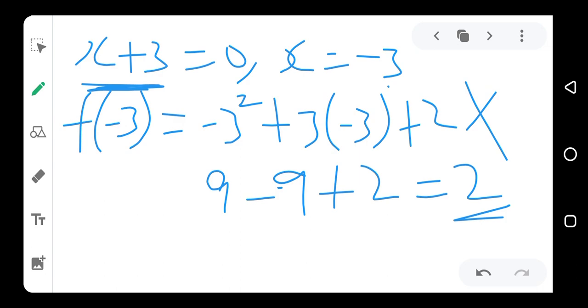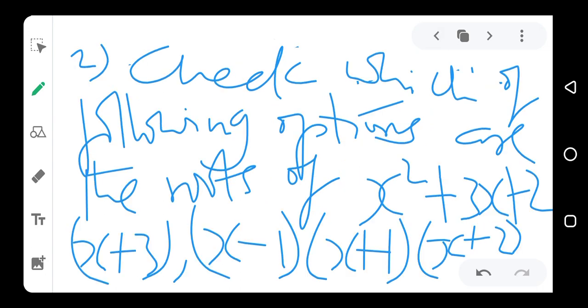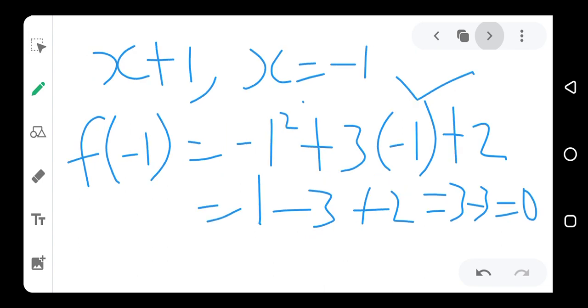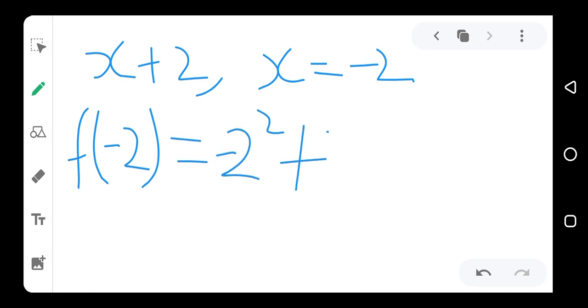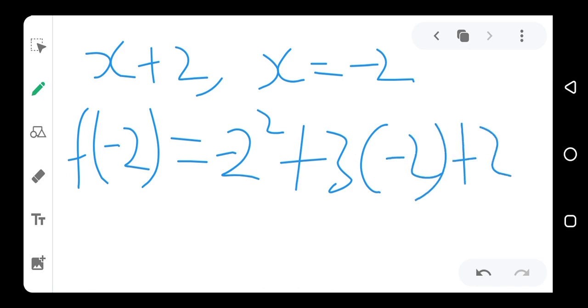Now we look for the fourth one. The fourth one says x plus 2. So let's check for x plus 2. Now for x plus 2, we know that x is equal to minus 2. Now the function of x when x equal to minus 2 is equal to minus 2 squared plus 3 bracket minus 2 plus 2.